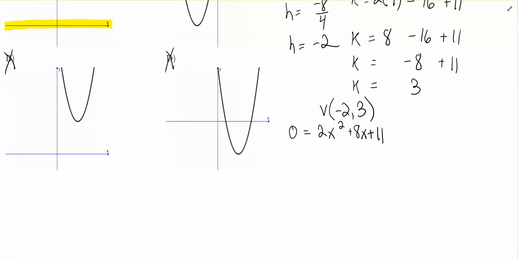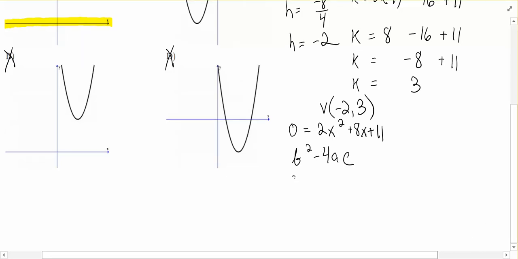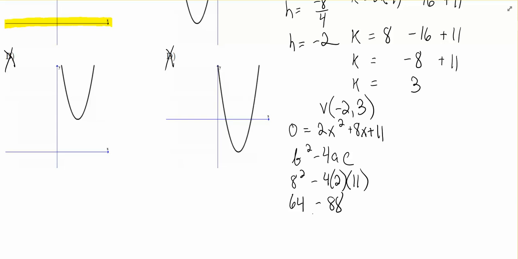Now what the discriminant told us is, just look at b squared minus 4ac. So in our problem that would be 8 squared minus 4 times 2 times 11, or 64 minus 88. And the cool thing about this is that we don't really care what this value is.